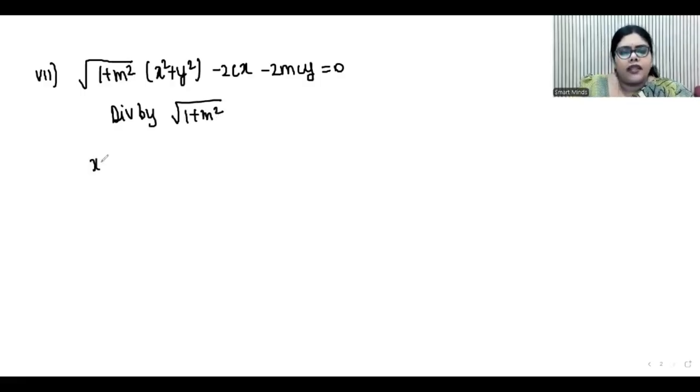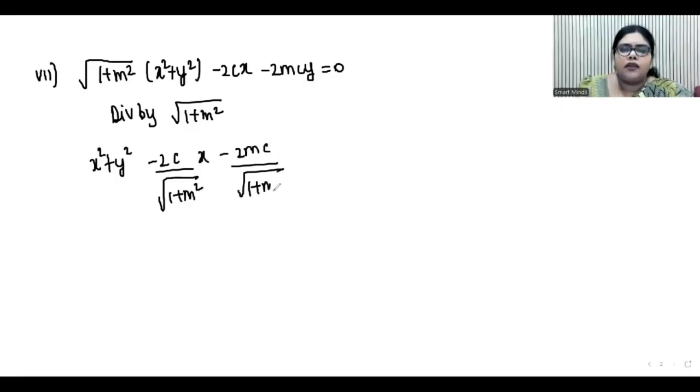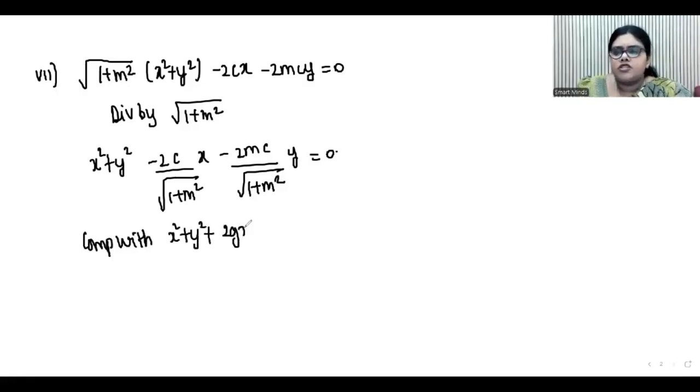So you will get x² + y² − (2c/√(1 + m²))x − (2mc/√(1 + m²))y = 0. Now comparing with the general equation, what is the general equation? x² + y² + 2gx + 2fy + c = 0.